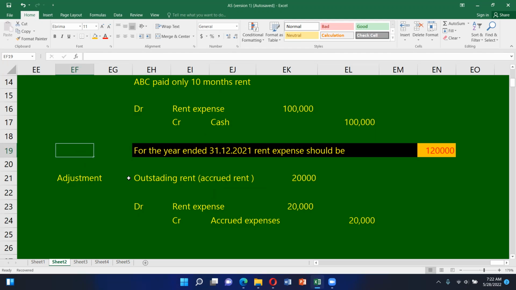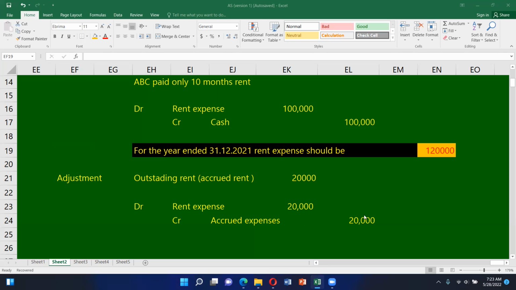Just copy this down. Copied. The double entry for accrued expenses: relevant expense debit, accrued expenses credit.